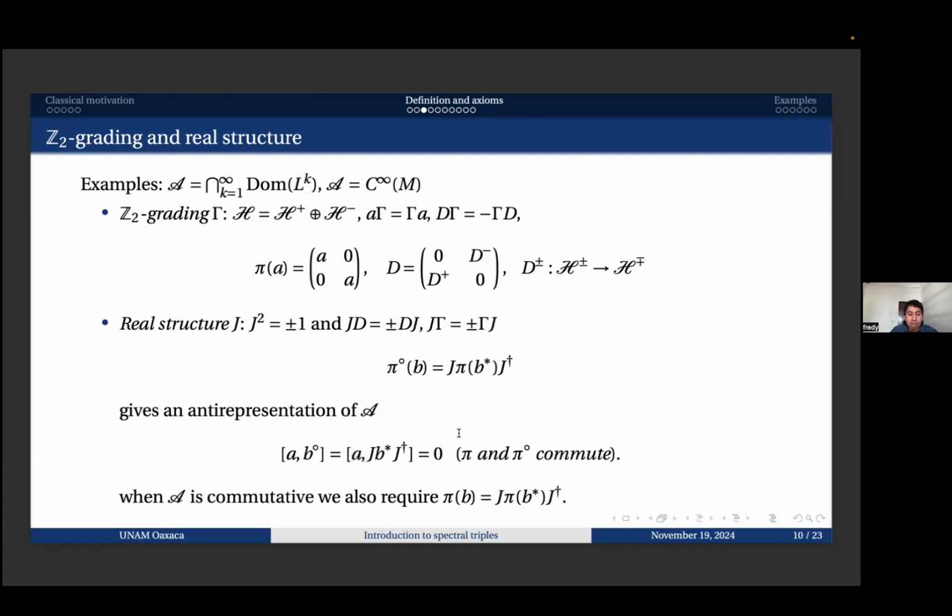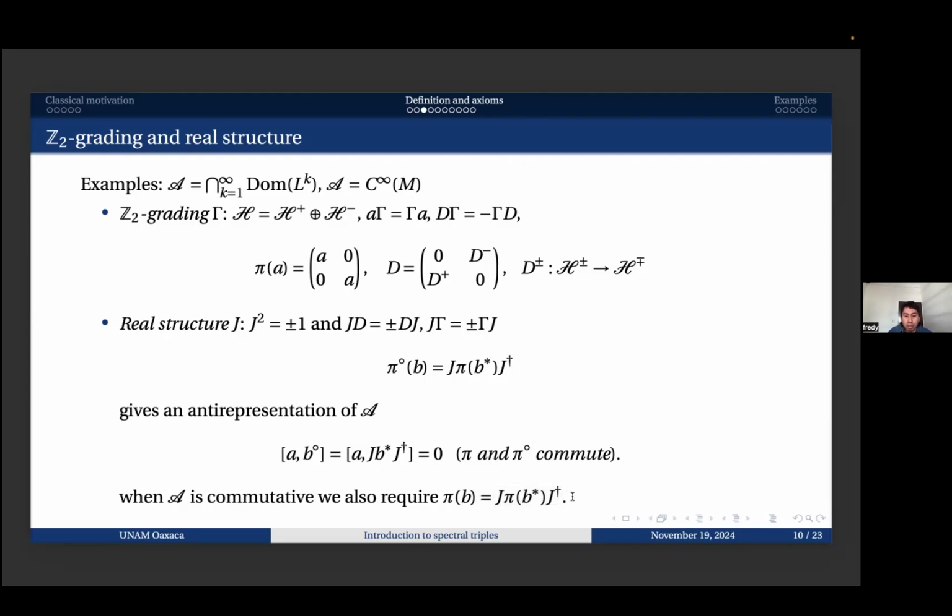These two representations, pi and pi opposite, should commute. And when A is commutative, we also require that the representation satisfies this equation.